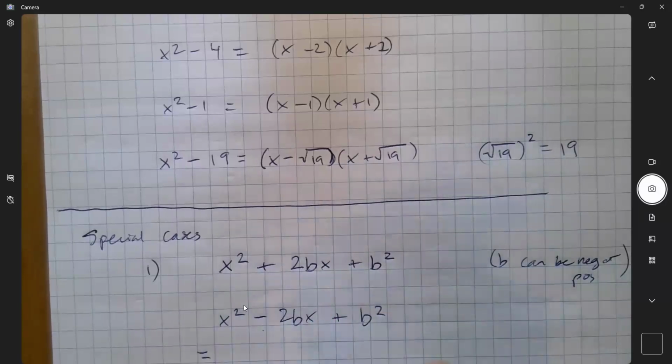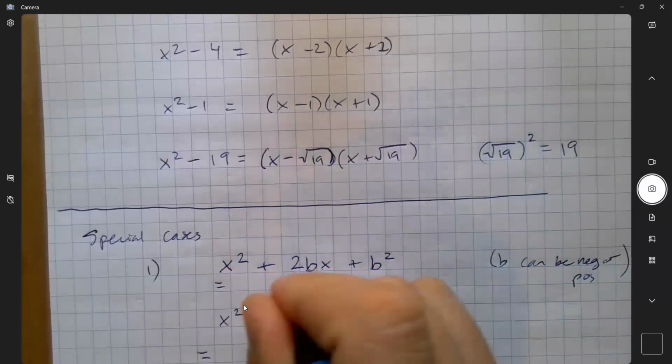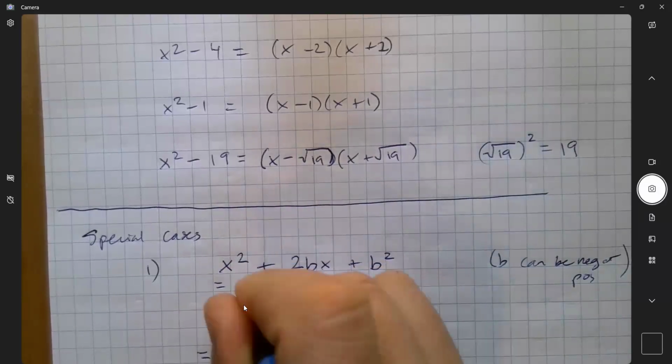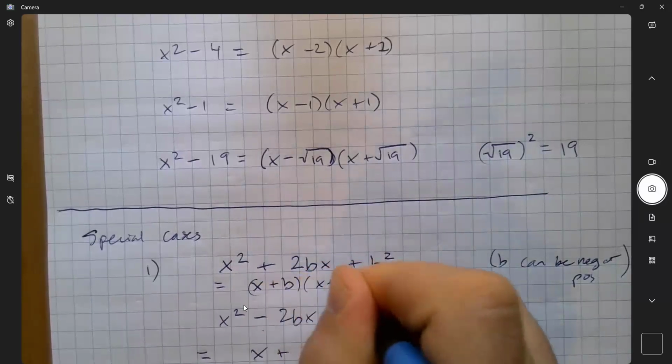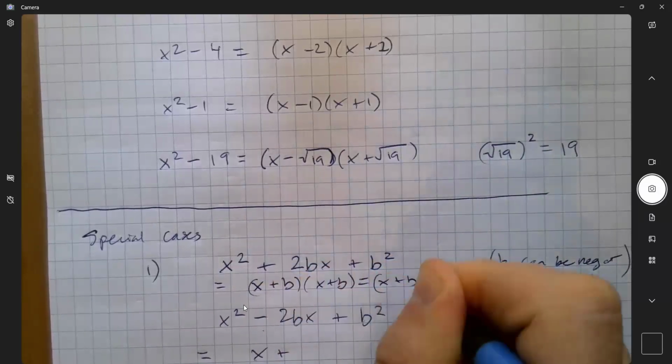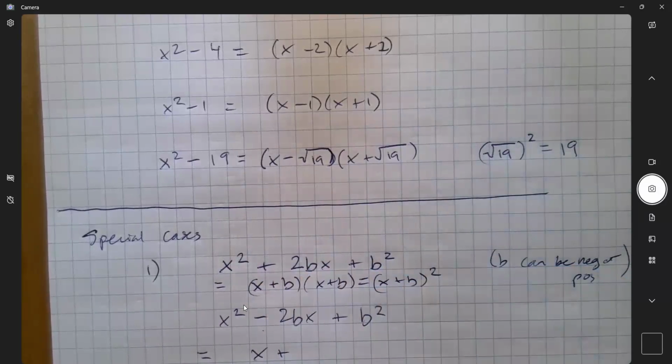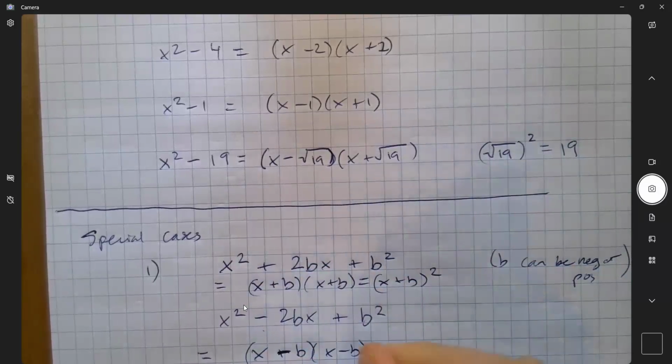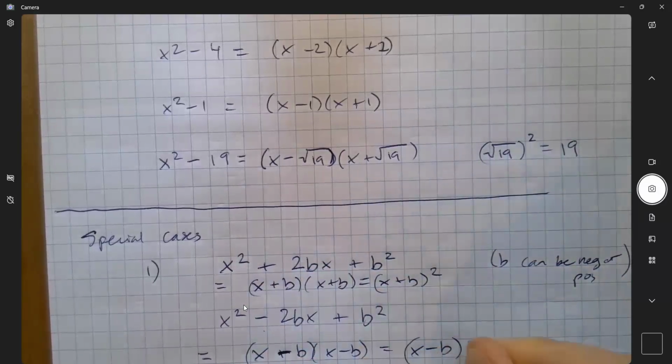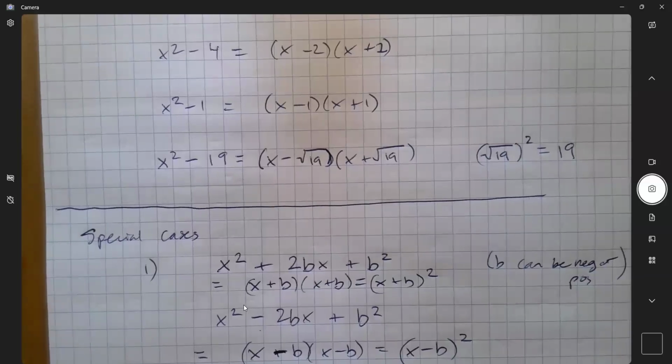That will always factor into x... well, I'll write them here. This first one will be factored into x plus b times x plus b, which is x plus b quantity squared. And the second one would factor into x minus b times x minus b, which is x minus b quantity squared. They're really the same case. It's just is b positive or negative, or do we use the minus sign to take care of them? That's special case number 1.